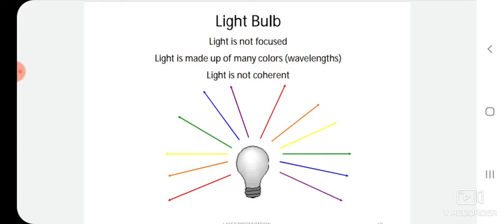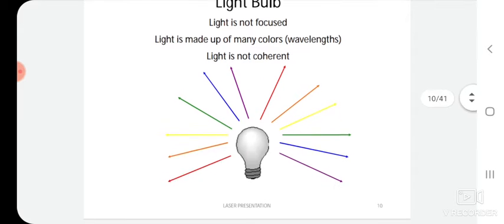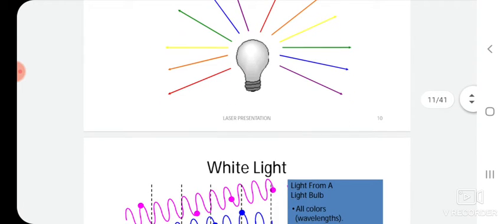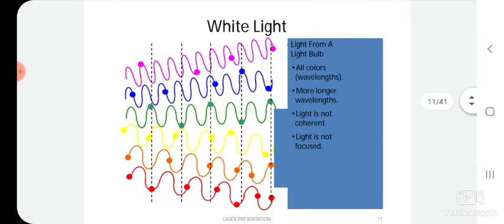Okay, a light bulb is an ordinary source. It is not focused. It is made up of many colors, or it has a number of wavelengths. Light is not coherent. White light, the light from a light bulb, means it consists of all colors.